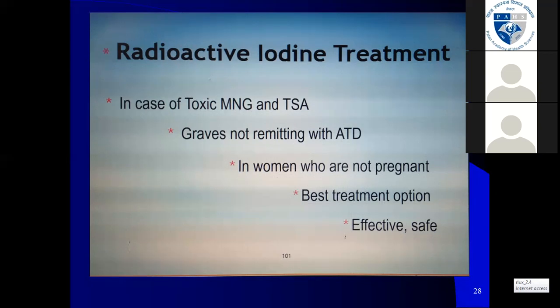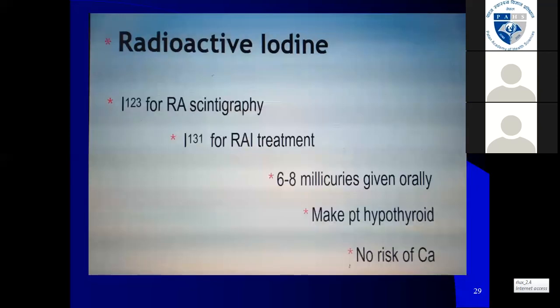The indications are Graves' disease not responding to antithyroid drugs in women who are not pregnant, and it is the best treatment option, and this is also effective and safe. As I mentioned, 131 radioisotope is used for the treatment, whereas 123 radioisotope is used for scintigraphy.